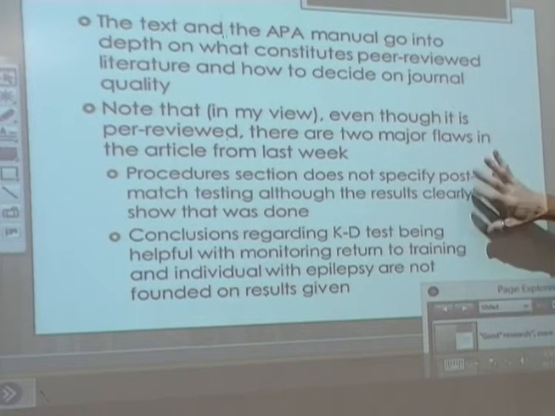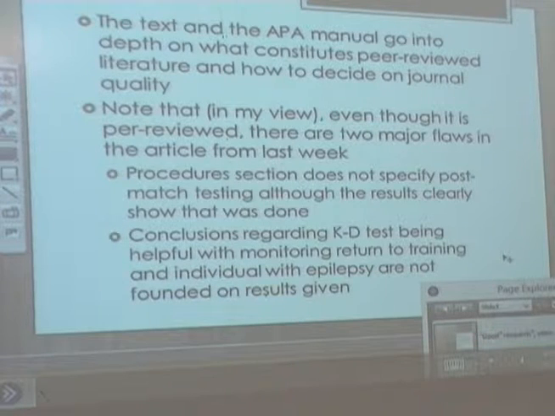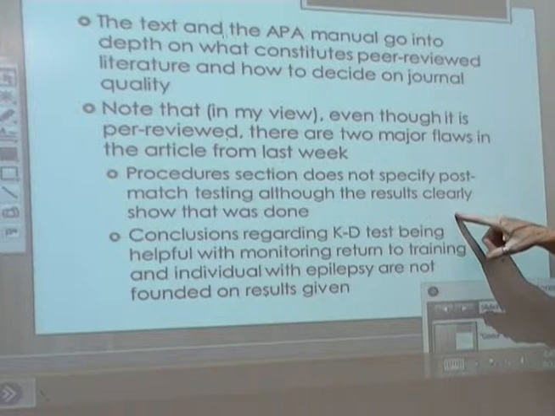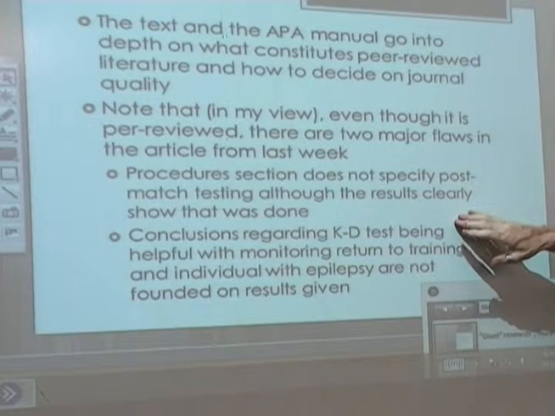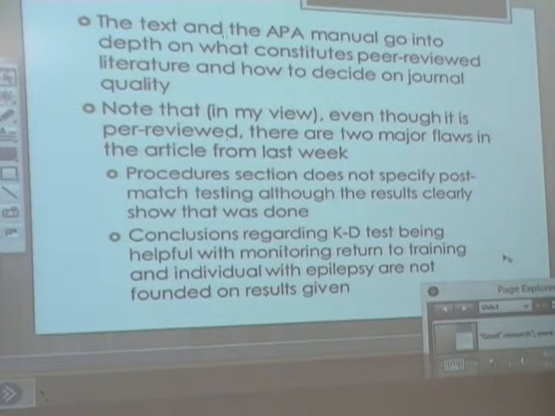And then this bit is a little bit confusing. I should have switched this out because it was on another article. But it's still a good example, even though you haven't read this particular article yet. The procedures section doesn't specify that there was post-match testing. So this article is a repeated measures type article. They collect the pre-data, they do something, and then they collect the post-data.